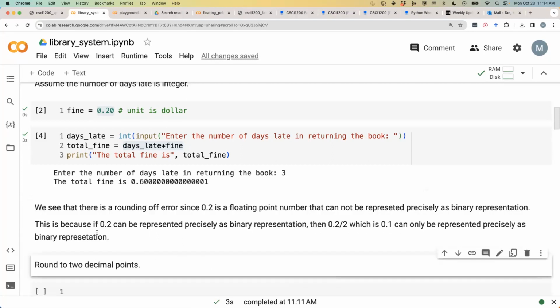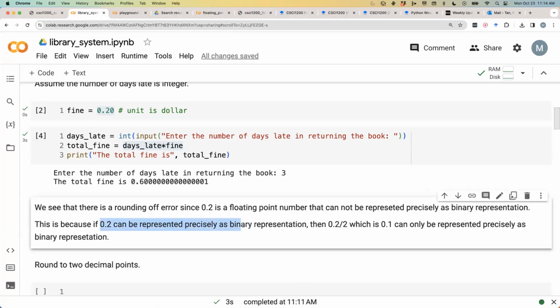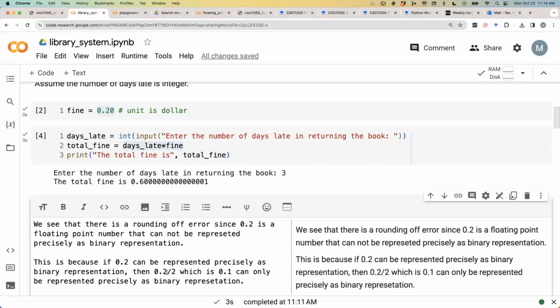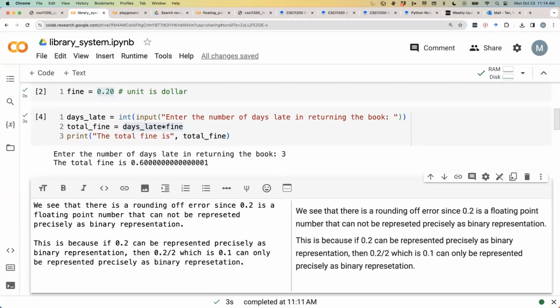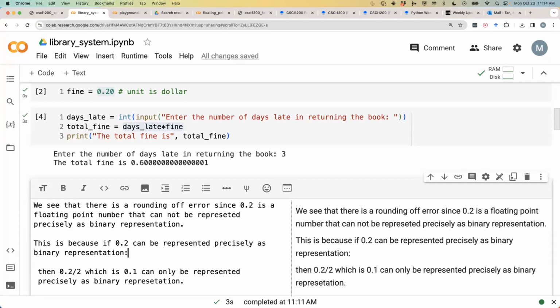So if 0.2 can be represented precisely as a binary representation, what it means is that it can be written as some values of 0 and 1s.